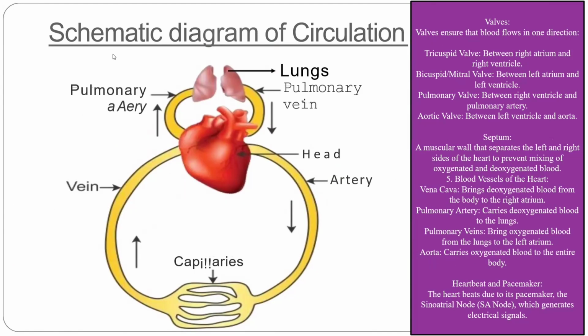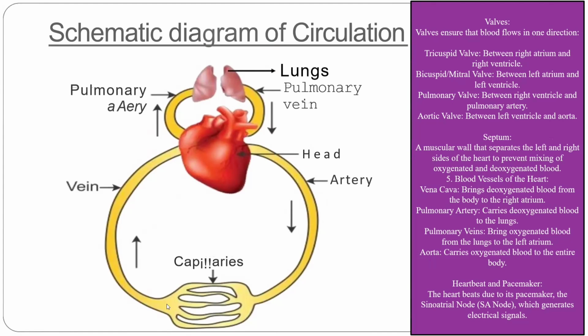Now let's see the schematic diagram of circulation. We can easily see the lungs here, the heart here, and the capillaries here. Now, the lungs send blood, that is deoxygenated blood, to the heart to purify and circulate the oxygenated blood all over the body with the help of this artery.